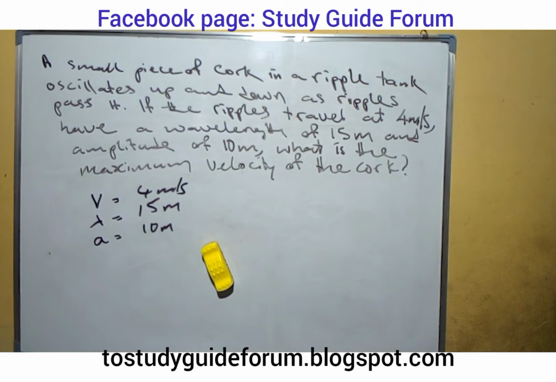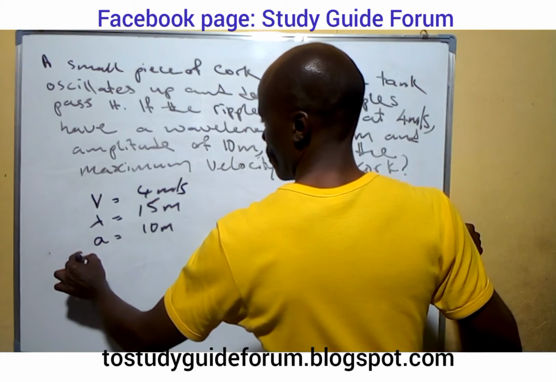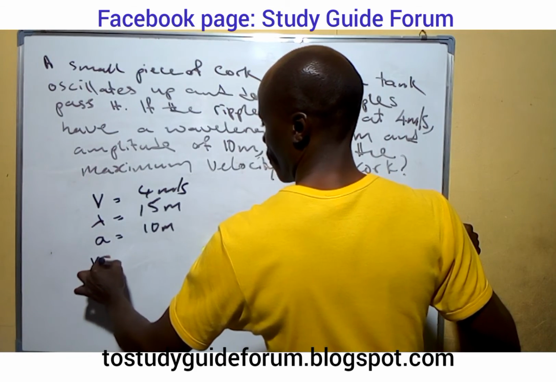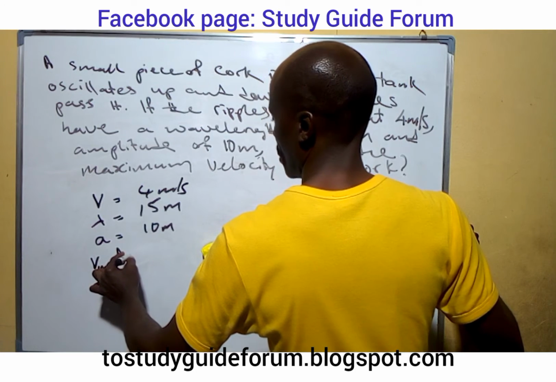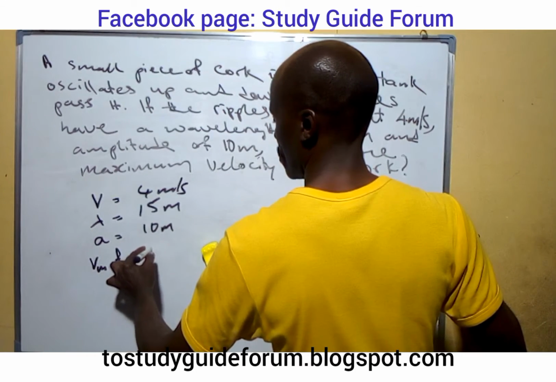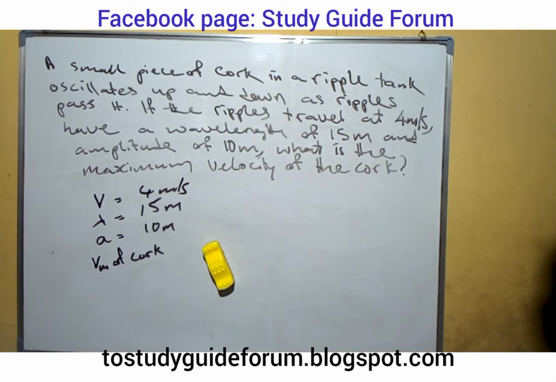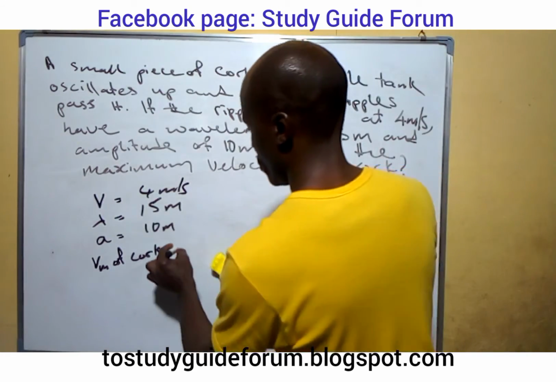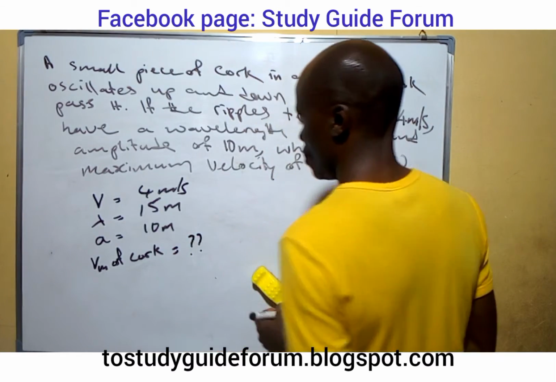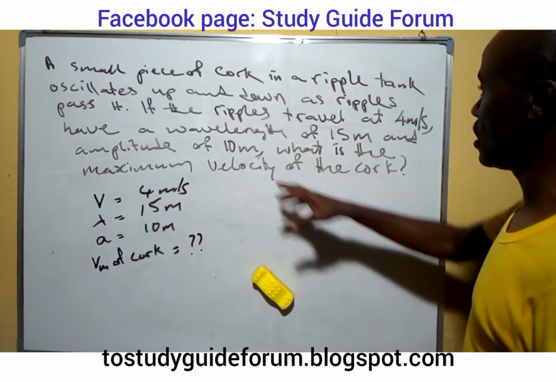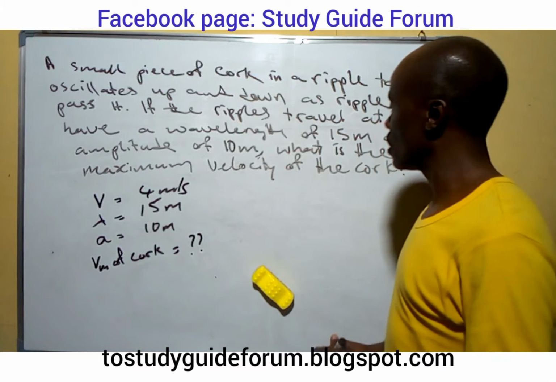The question says, what is the V maximum of the cork? The velocity of the cork is what we are looking for. We don't have it.